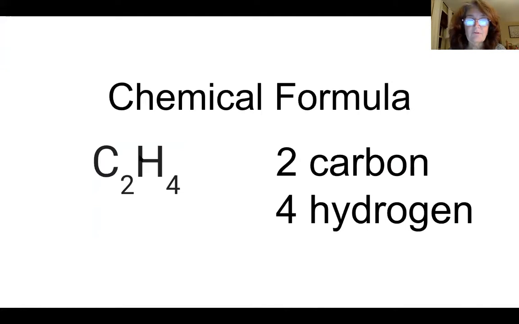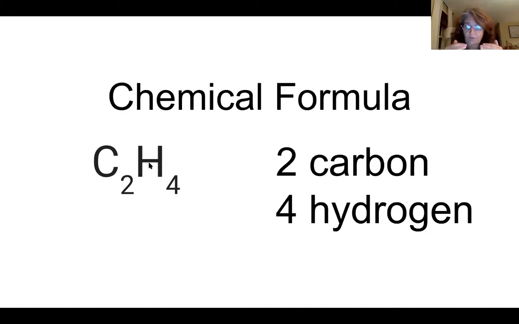Here's its chemical formula, C2H2. Over the course of the past couple of weeks, we've been learning that carbon and hydrogen are two of the elements in the periodic table, that the carbon symbol is C and the hydrogen symbol is H, and we know that these are both nonmetals, and we know that there are 2 atoms of carbon and 4 atoms of hydrogen.